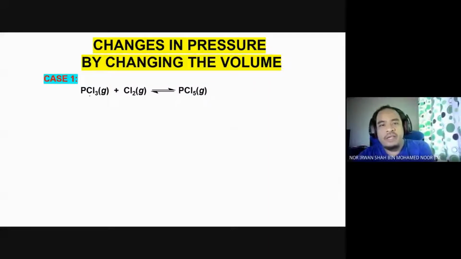These three gases are at equilibrium. If we look at this equation, on the left side there are 2 moles of gases: 1 mole of PCl3 and 1 mole of chlorine gas. On the right side, there is only 1 mole of PCl5 gas.